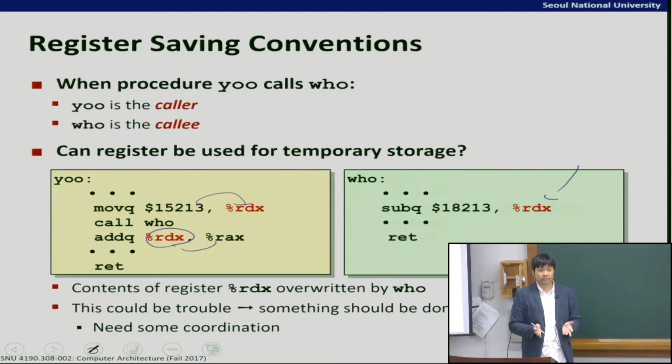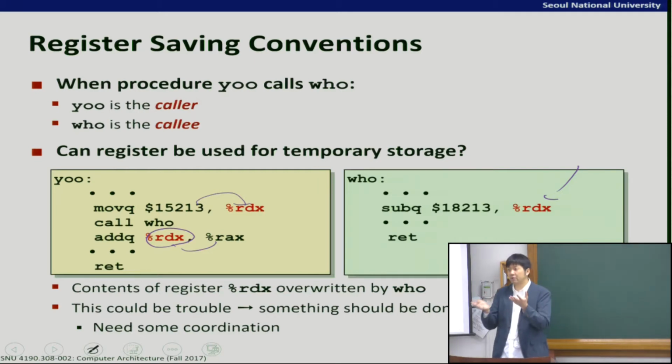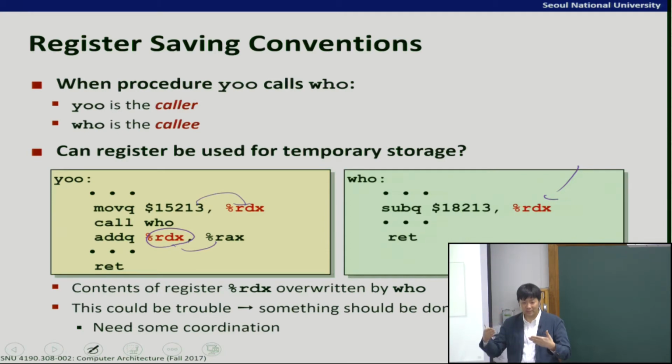That's the problem. So there must be some convention or some agreement between caller and callee, so that which registers are safe to be used by the callee function must be defined clearly. Right?